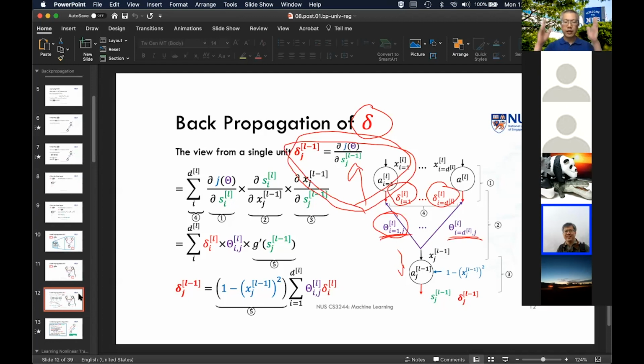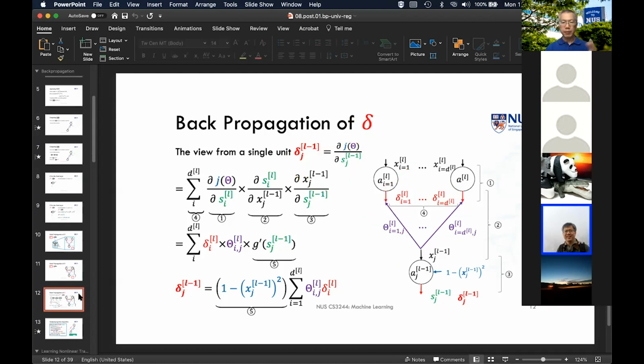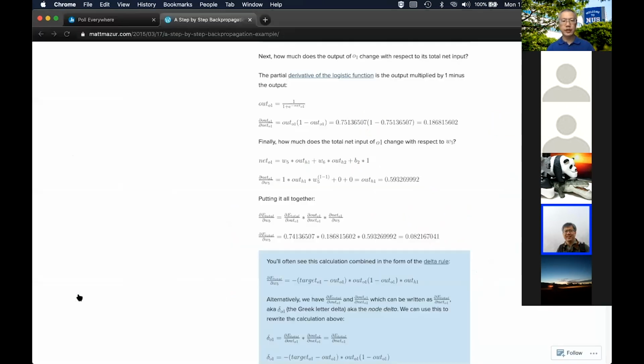I don't have to compute a separate set of partial derivatives for each path through the network. I just do one pass from the back towards the front and calculate all the deltas. And these deltas are basically the chain rule embodied, for those three products that we just saw.